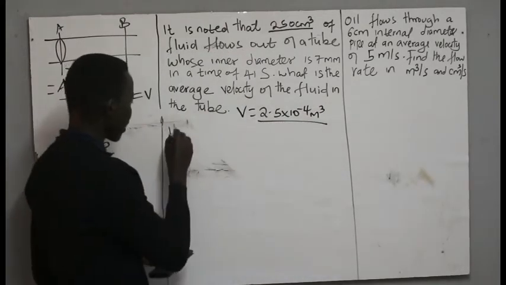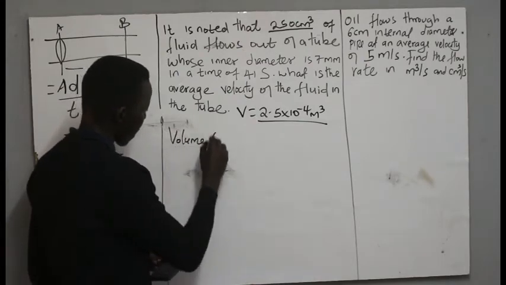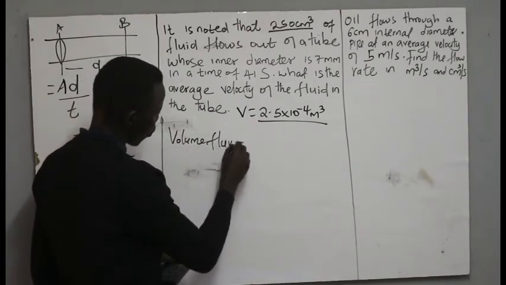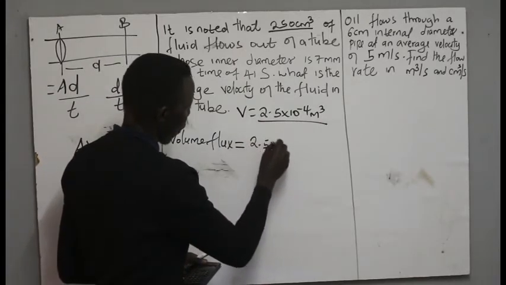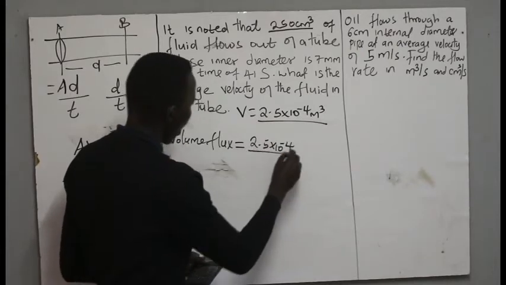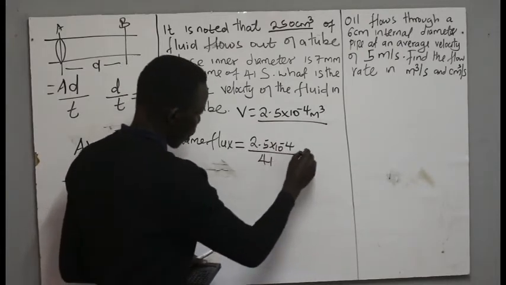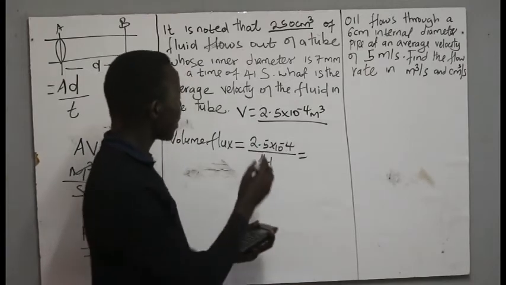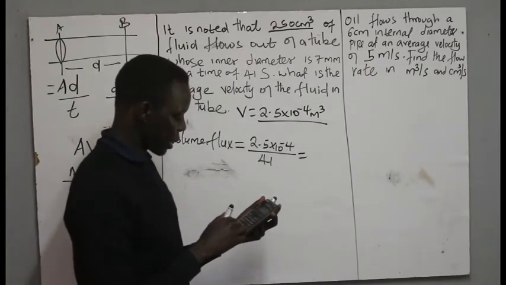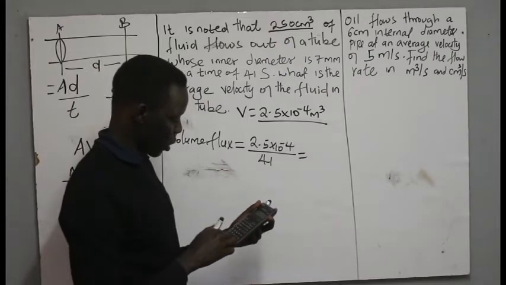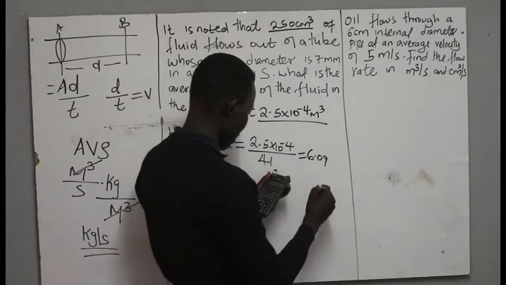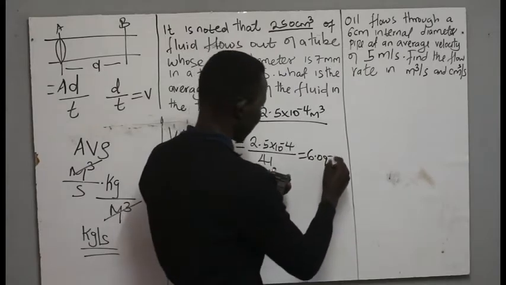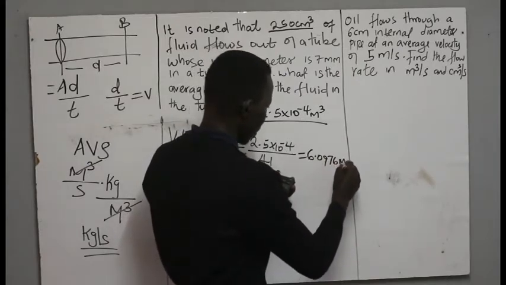This is the volume. Then we say volume flux is equal to volume over time, which is 2.5 times 10 power negative 4 meters cubed over 41. So we simply divide by 41, and we have 6.0976 meters cubed per second.